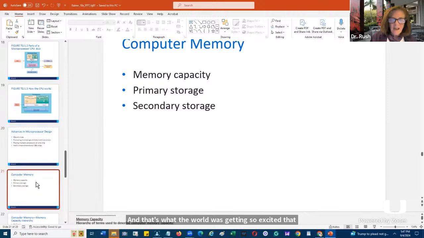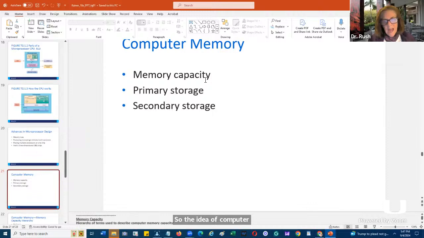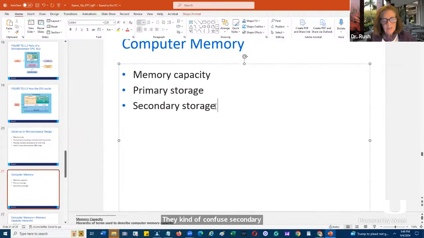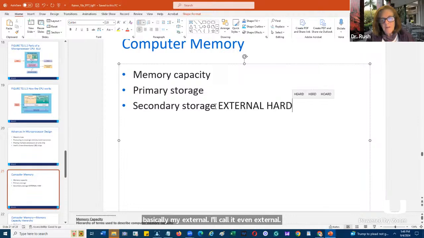So the idea of computer memory is that we now know what our memory capacity is. A lot of times when people say memory, they kind of confuse it with secondary storage, which we know is basically my external. I'll call it external. It is going to be like my hard drive. It could even be in the cloud.